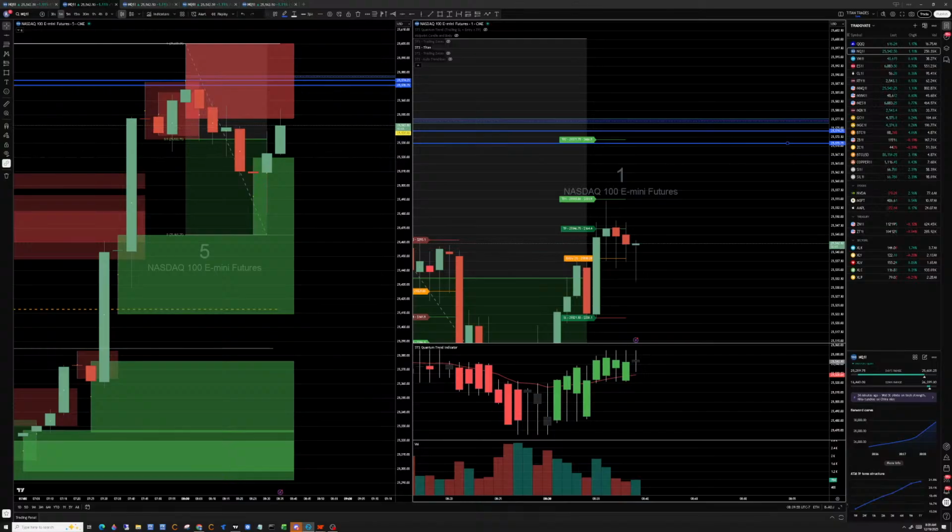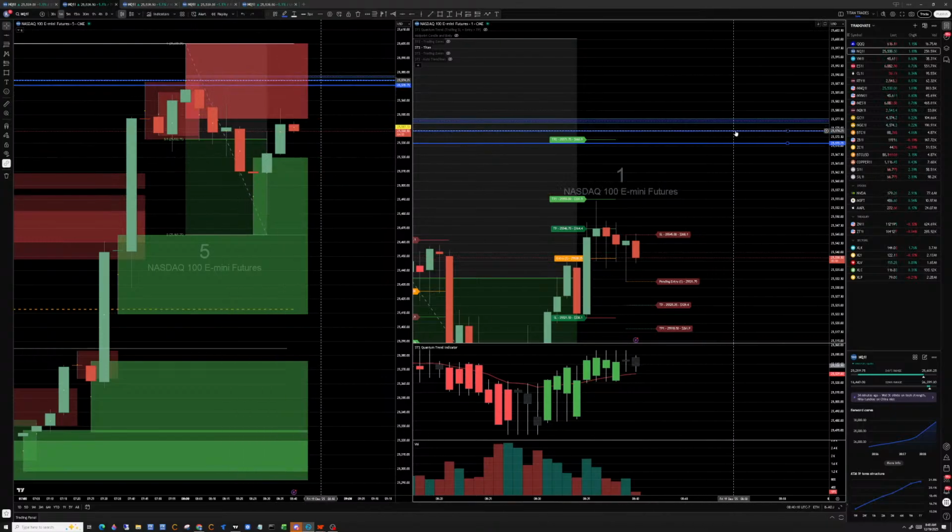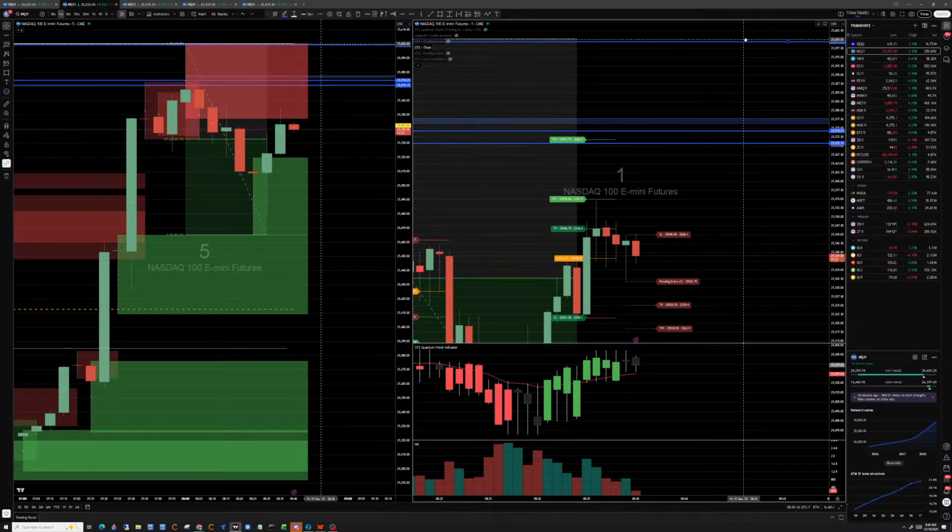And then the next zone that I'd like to hold up, otherwise we're breaking the high, we're going higher, is going to be $5.99. Why does that look so high?